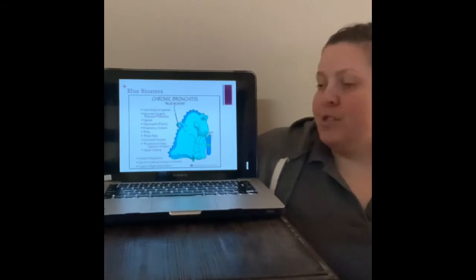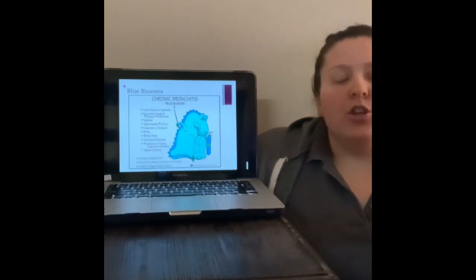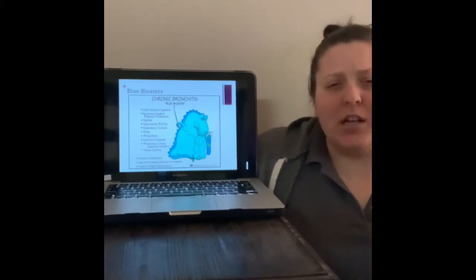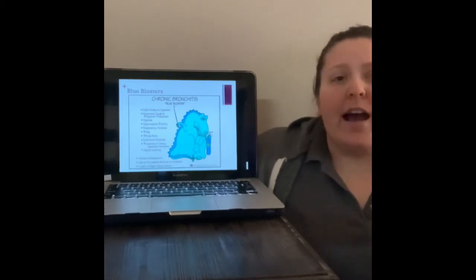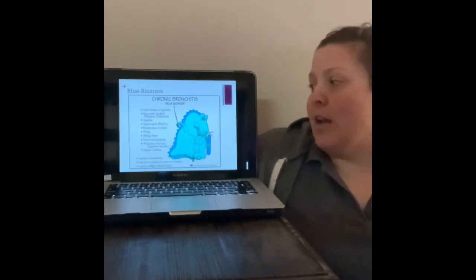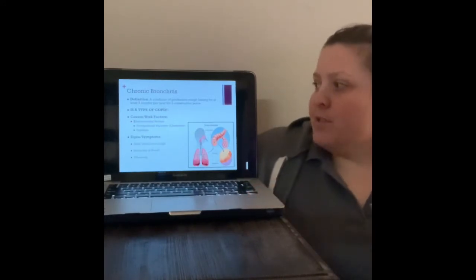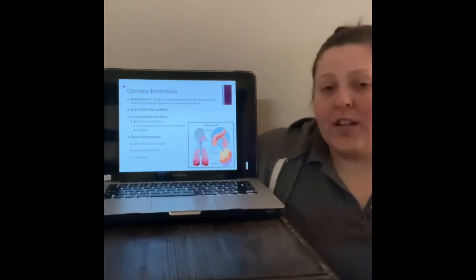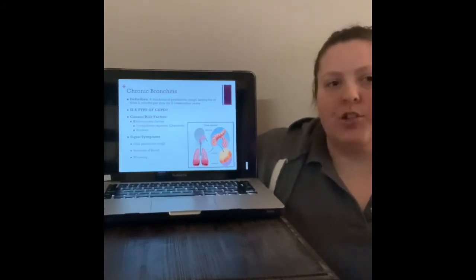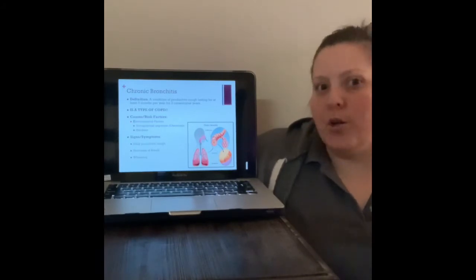So blue bloaters is the term used for patients with chronic bronchitis because they're going to have a cyanotic or blue dusky tint to them. They're going to have a chronic cough and chronic sputum production, as well as an increased respiratory rate. Some of the risk factors for patients with chronic bronchitis will include environmental factors, occupational hazards or pollutants, as well as smokers.